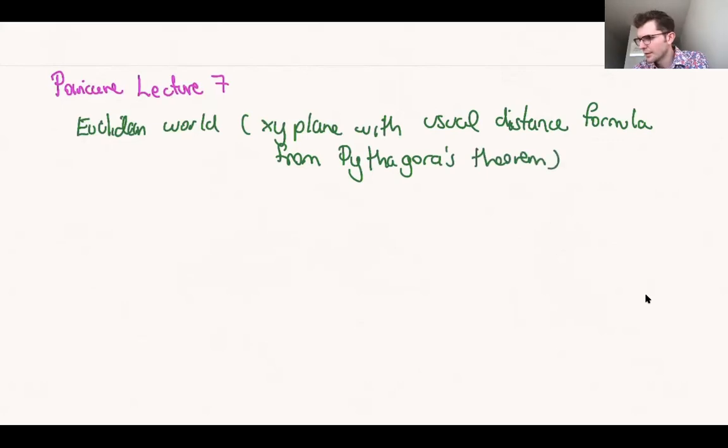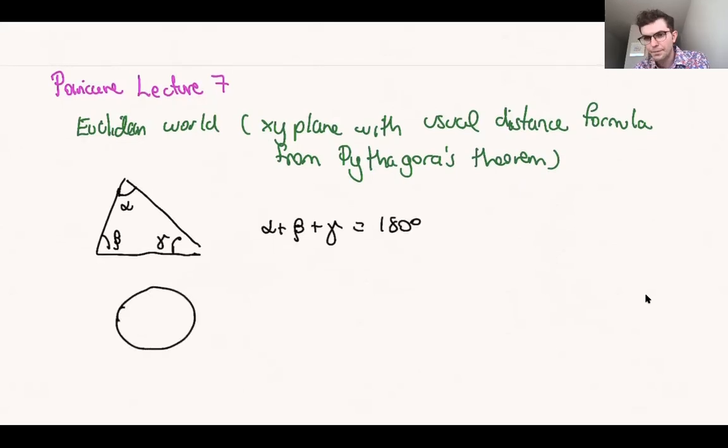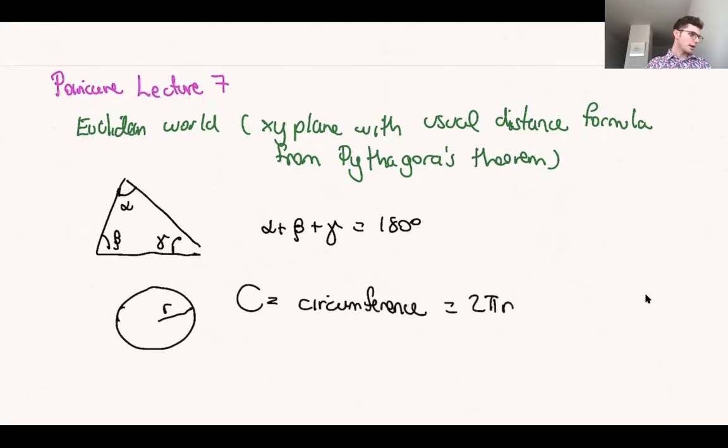And here, if you have a triangle with angles alpha, beta, and gamma, then alpha plus beta plus gamma gives you 180 degrees. And if you have a circle with radius r, then the circumference equals 2 pi r, right?